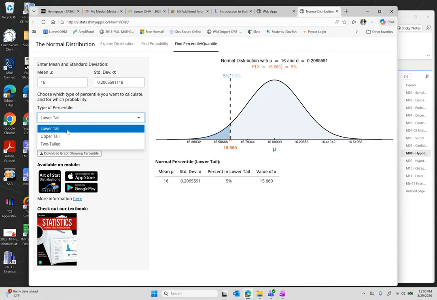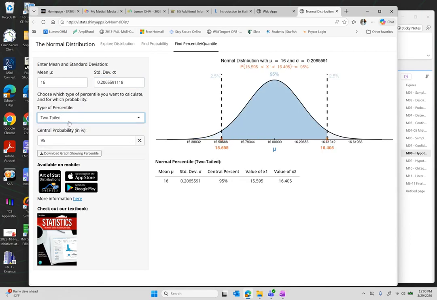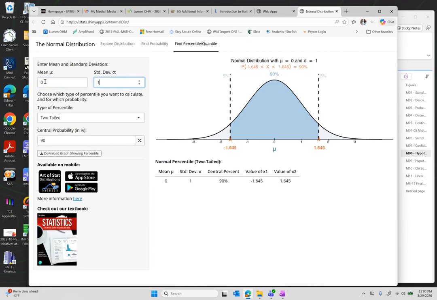And I want a two-tailed test, and I want the central probability here to be 90. So if this was a standard distribution, so let's go back to a 0 and a 1 for the standard deviation. If this was a standard normal distribution, I would correctly have found the z-scores of negative 1.645 and positive 1.645. And you remember that this was the critical value.